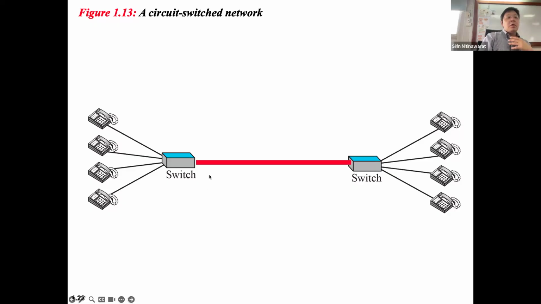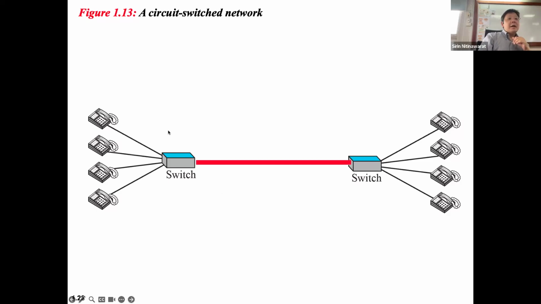As I mentioned last week, this is just a review, and we go to the next topic as soon as possible. When we have circuit switching networks, most of the time you have to design for the worst case.